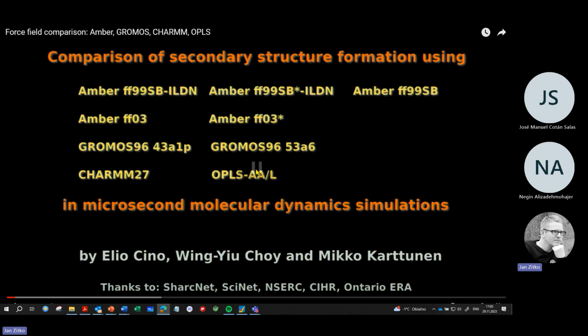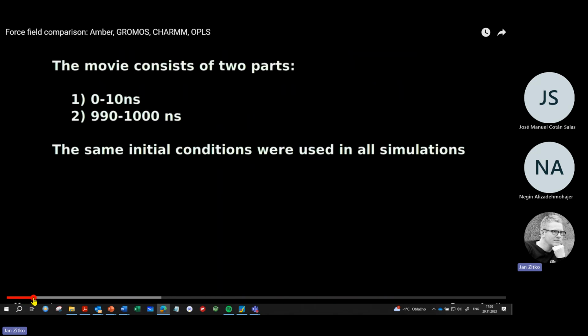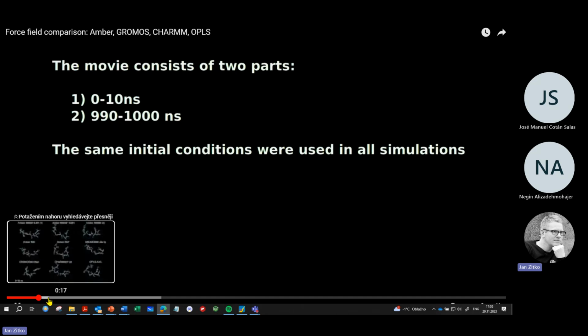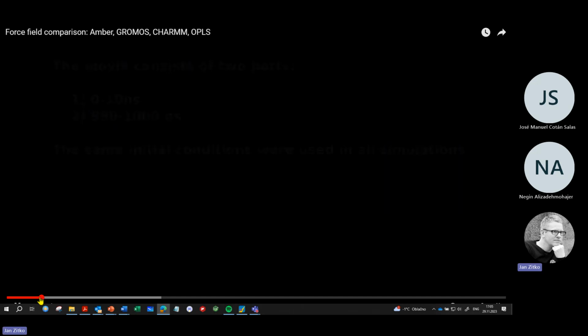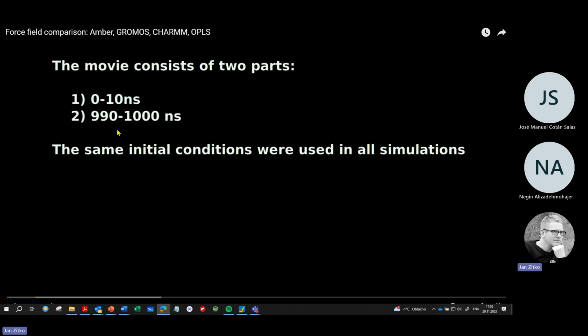So this is from a publication, and they have only used a very small protein. But be careful, I just wanted to show you this is important. I said that protein folding simulations take very long times. The video which we will see is cut, and we see the time from 0 to 10 nanoseconds, and then just the ending part of the video, which is 990 to 1000 nanoseconds.